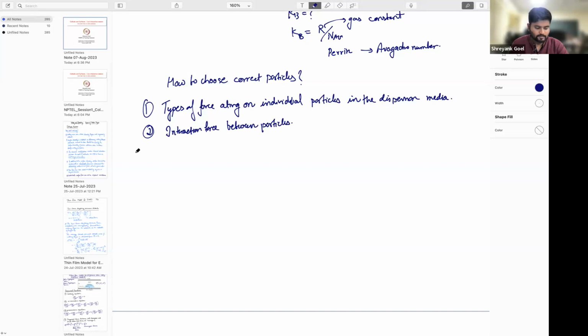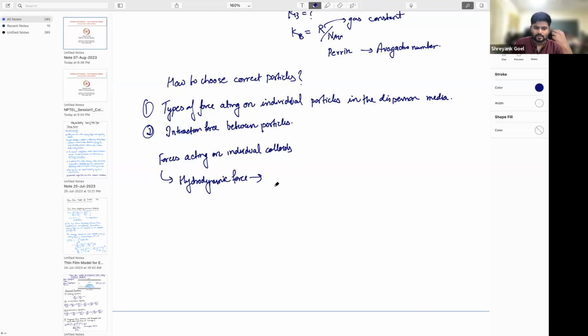So the forces that are acting on individual colloids include the hydrodynamic force. When a colloidal particle moves in a medium, there is a force acting due to the viscosity of the fluid.